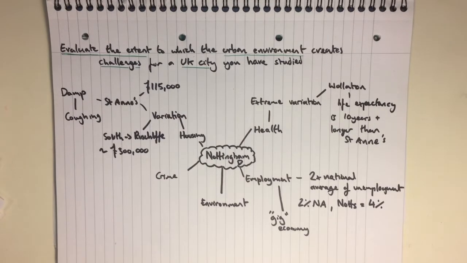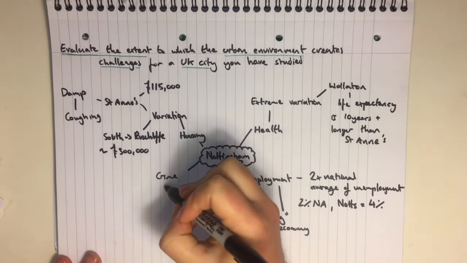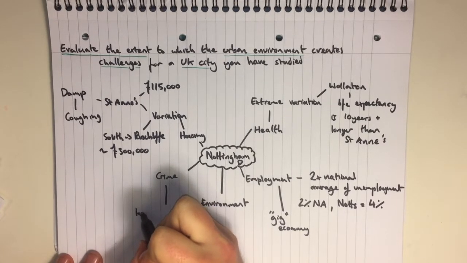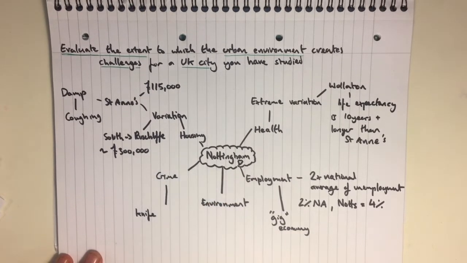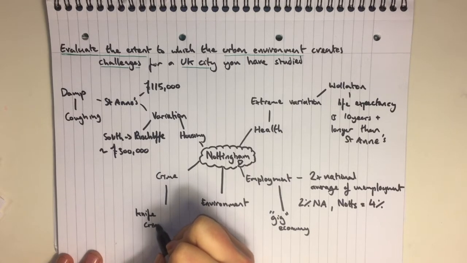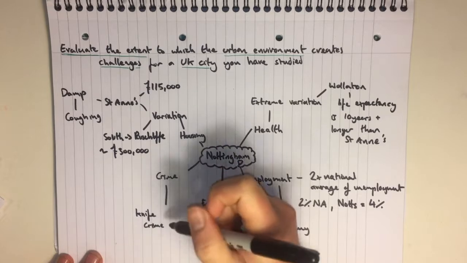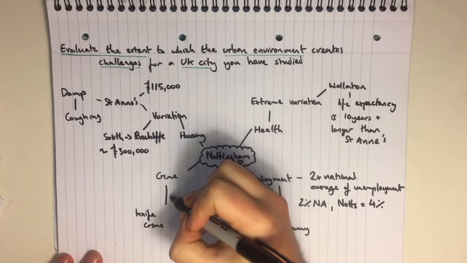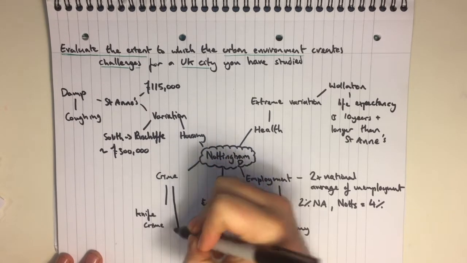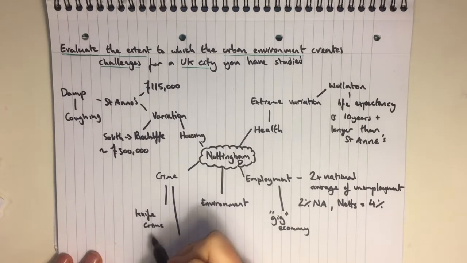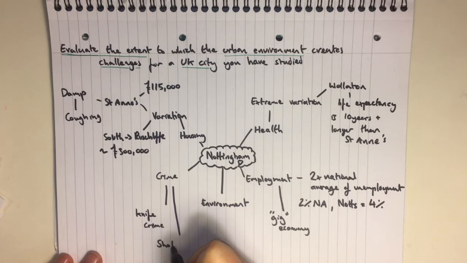Okay, let's have a look at crime quickly. Crime's an interesting one in Nottingham because it obviously has some knife crime. It's well publicised in the press. Throughout the noughties, so from 2000 to about 2010, crime, and especially gun crime, was particularly well publicised and high in Nottingham. And this led to the name Shottingham.